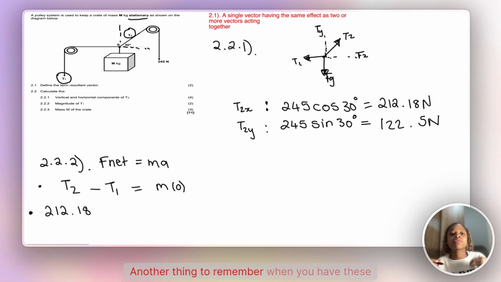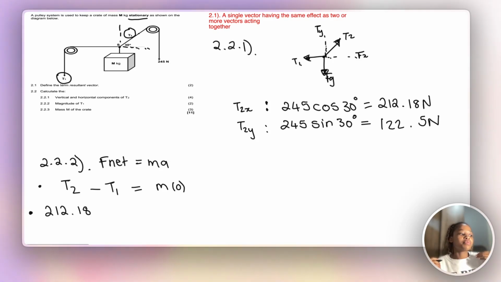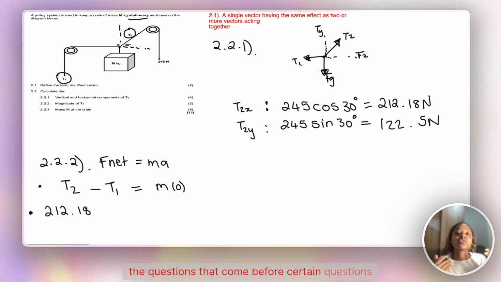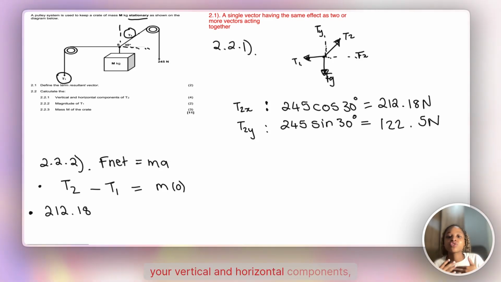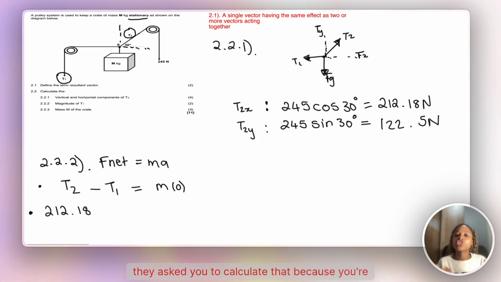Another thing to remember, when you have these questions, right? The questions that come before certain questions apply to the next ones, if that makes sense. So for 2.2, for example, your vertical and horizontal components, they asked you to calculate that because you're going to need it in your subsequent questions.